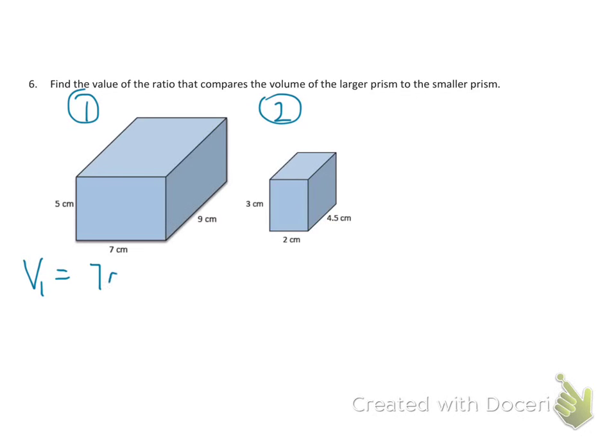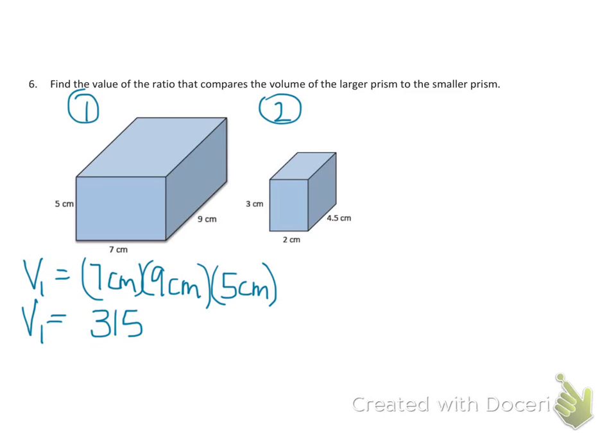I've got 7 centimeters times 9 centimeters times 5 centimeters. So volume 1 is 7 times 45, which would be 315. And the units would be centimeters times centimeters times centimeters, which is centimeters cubed.